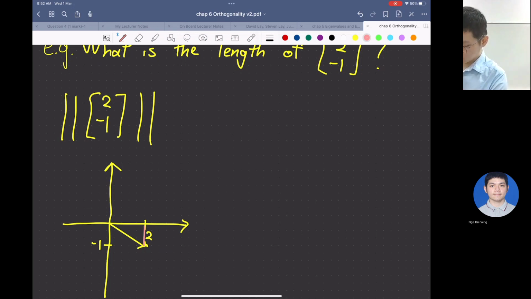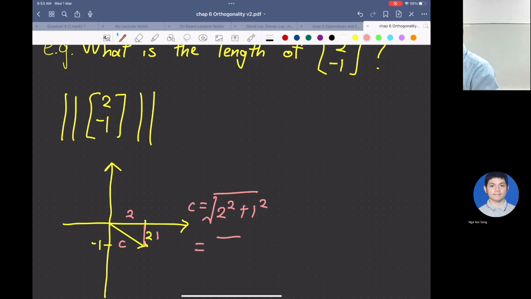And then you know that the horizontal part is 2, and the vertical part is 1. So you will take 2 squared plus 1 squared, if you want to find c. Does this make sense? Okay, good. So this is square root 5.